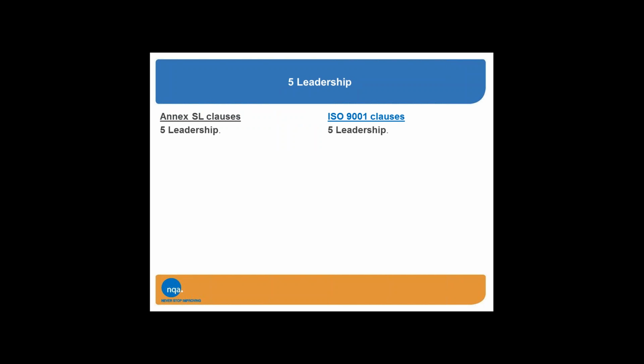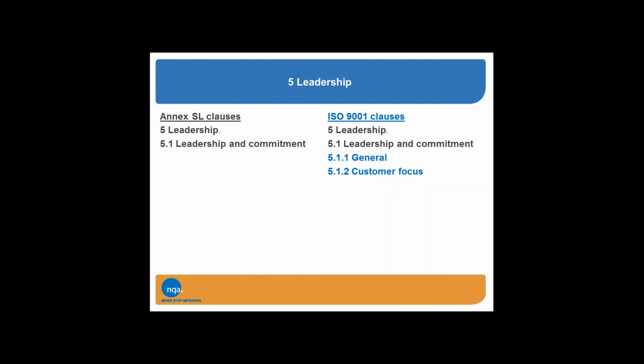So again, we have our Annex SL requirements, and on the right-hand side, the specific 9001 requirements. And we have a requirement for leadership and commitment, and again we have that same requirement in 9001 because the requirements around leadership and commitment really are quite generic, whatever management system you're looking at.